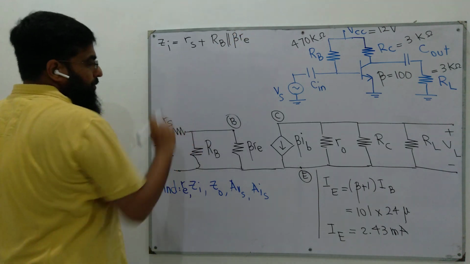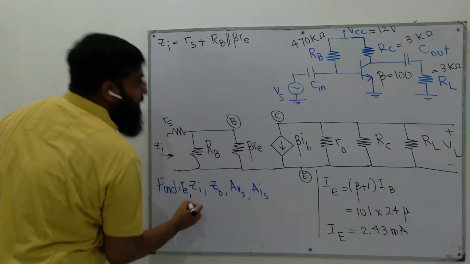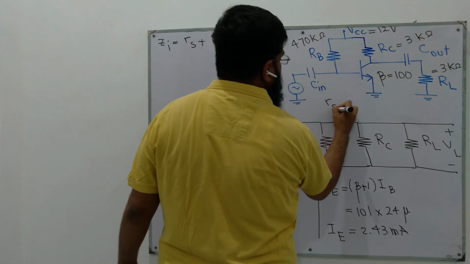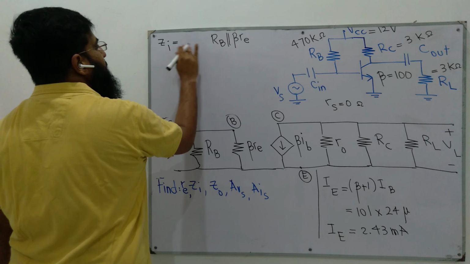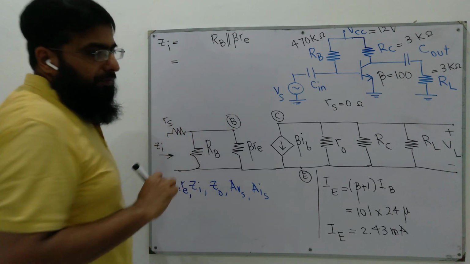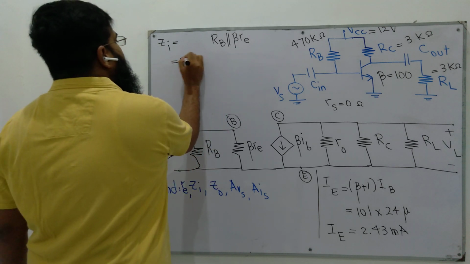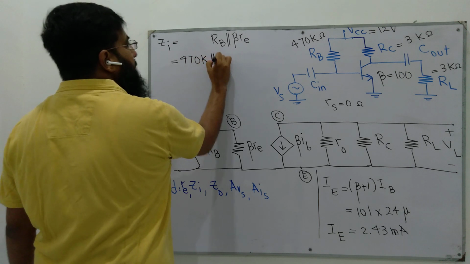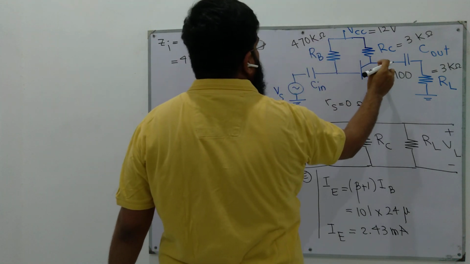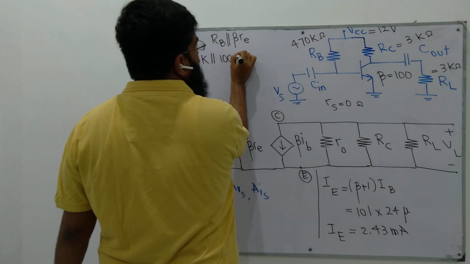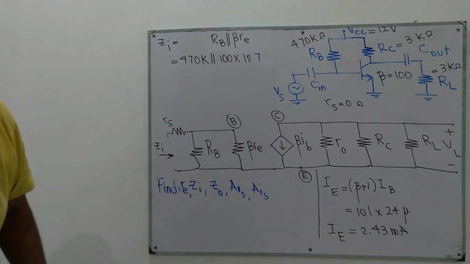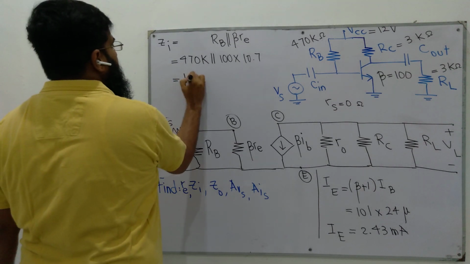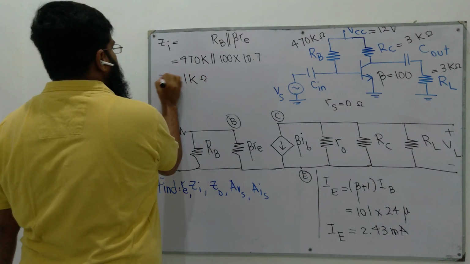Since Rs is very small, in our assumption Rs is given to be 0 ohms. So replacing this with 0 ohms, Zi becomes RB in parallel with beta re. RB is given to be 470k, times beta re. Beta is 100 times re, we have just calculated 10.7. So Zi turns out to be 1 kilo ohms.